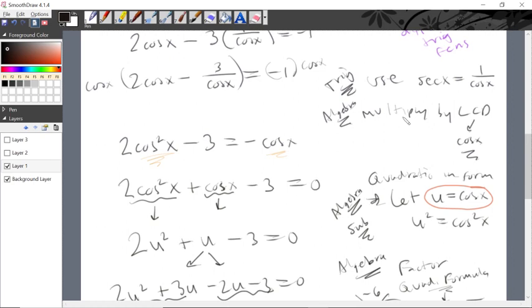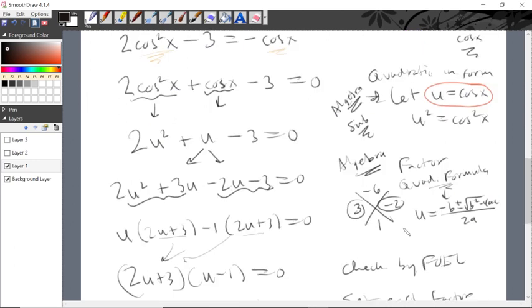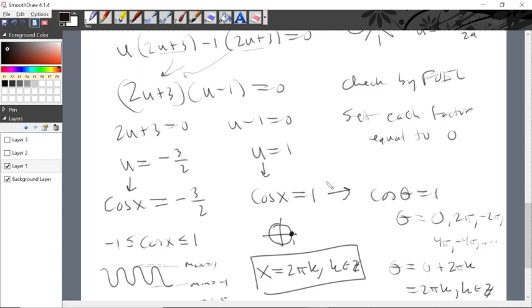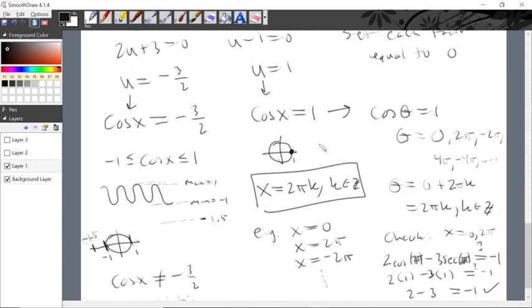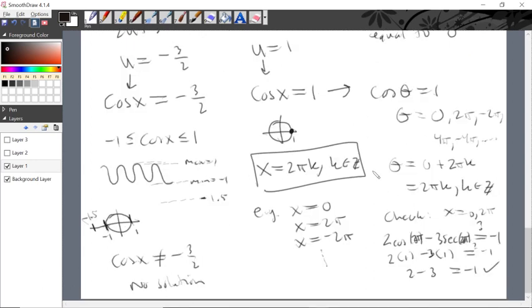Okay, so here we had to use common denominators. We did a substitution. We did factoring as a strategy, and also we had to check our answers for extraneous solutions.